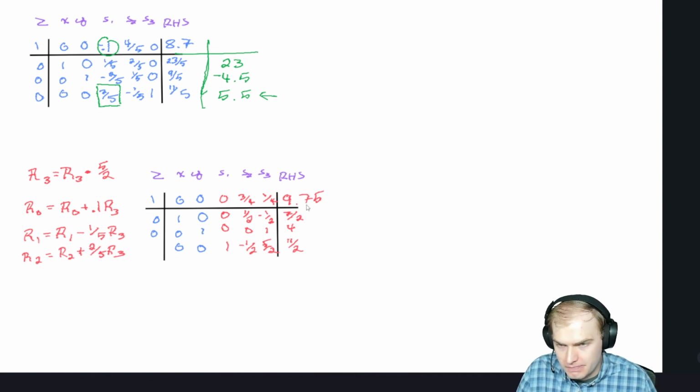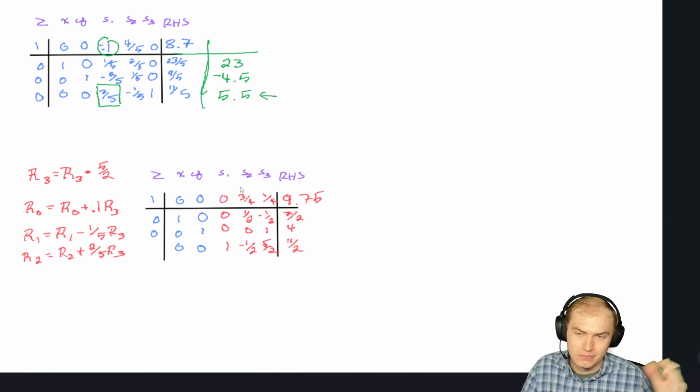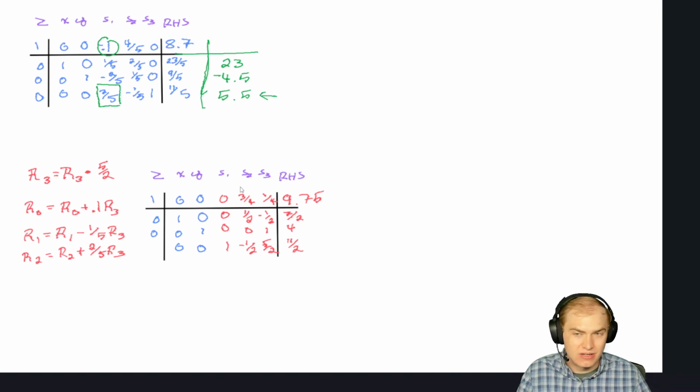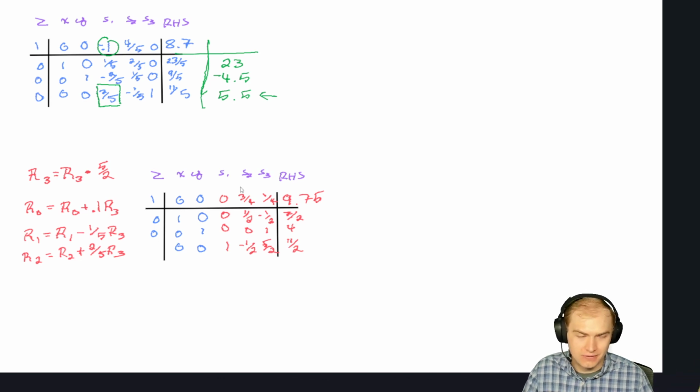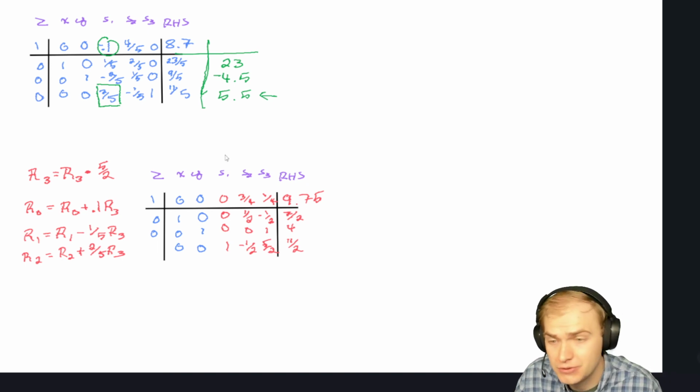Now, we only have positive values in our objective row. Better yet, we have no negative values in our objective row, which means there's no non-basic variable that we can pivot on that will actually increase our objective function value, which means we found an optimal solution.